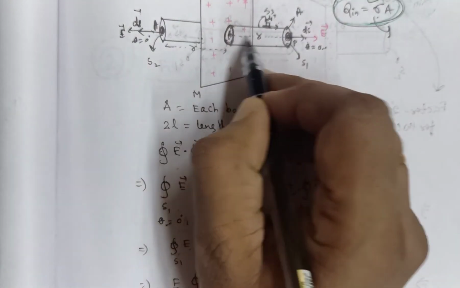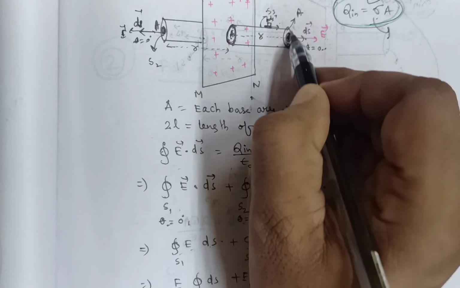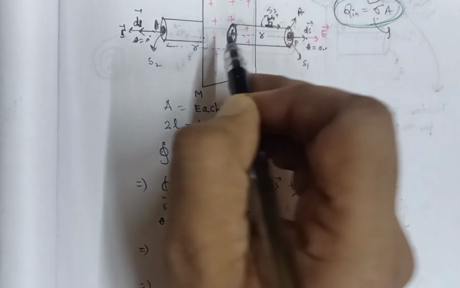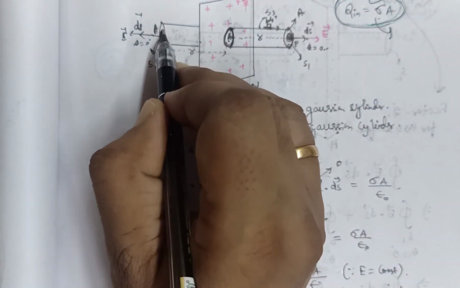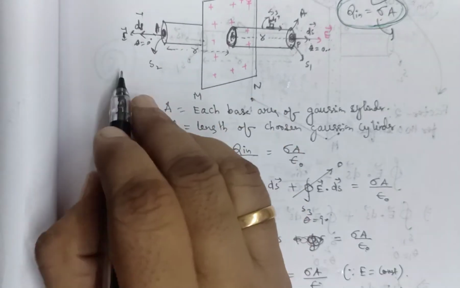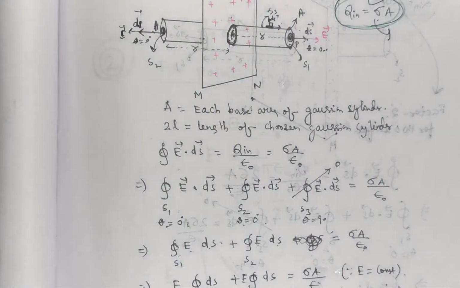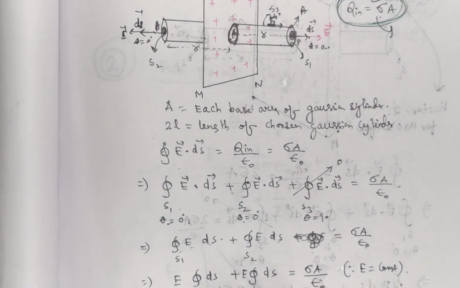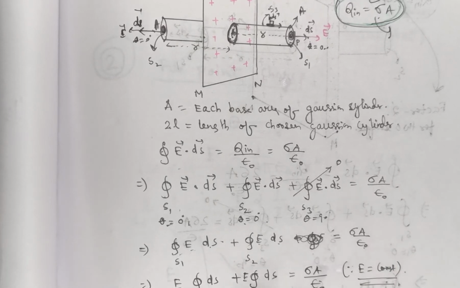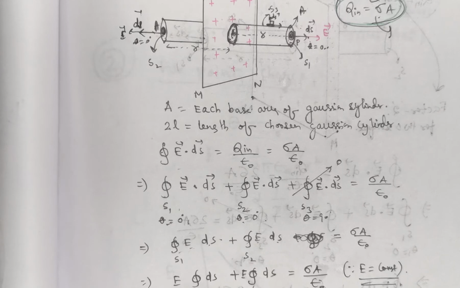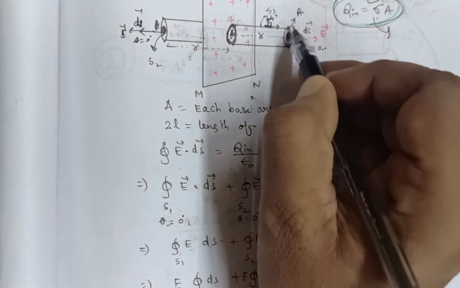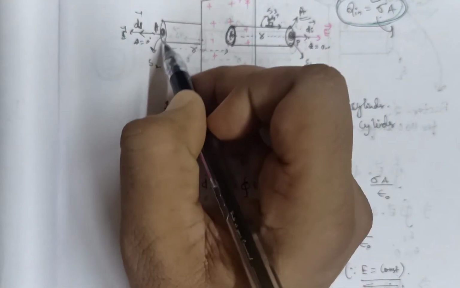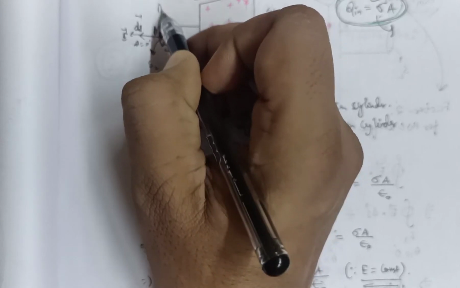As this is the distance r, at all the points the intensity E remains the same. For surfaces S1 and S2, E remains constant. That's why E is taken outside the integral as a constant. For the surface S1, if you integrate ds, the amount will be A. For surface S2, if you integrate, the amount will also be A.